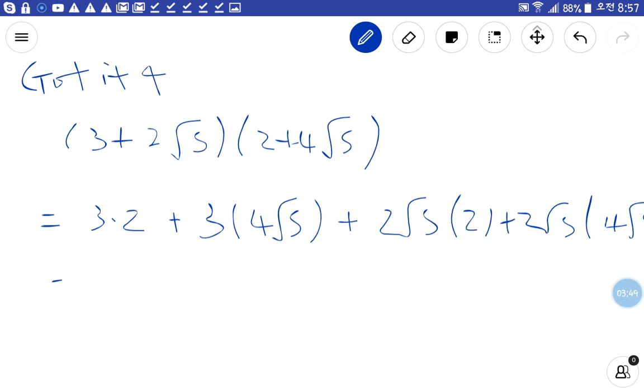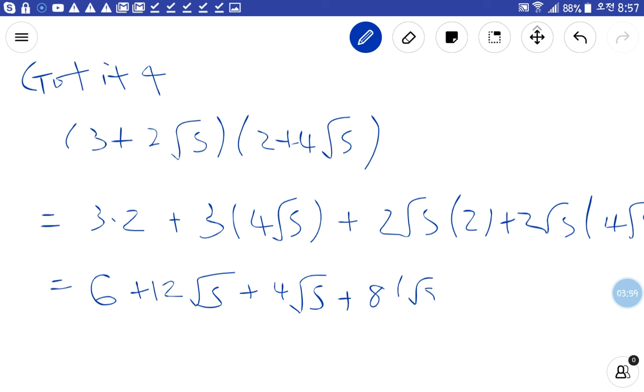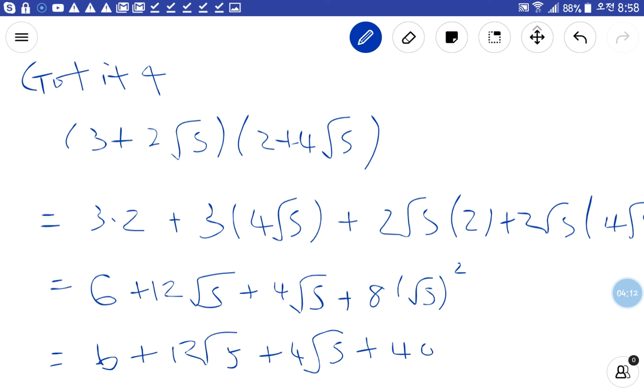Now what? You have 3 times 2, which is 6, plus 12 radical 5, plus 4 radical 5. And then 2 times 4 is 8, and radical 5 squared becomes just 5. So you are going to have 6 plus 12 radical 5 plus 4 radical 5 plus 8 times 5, 40.